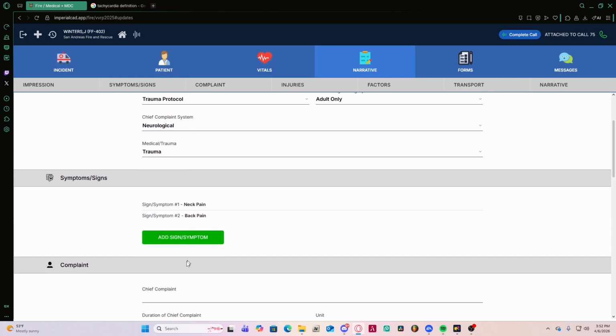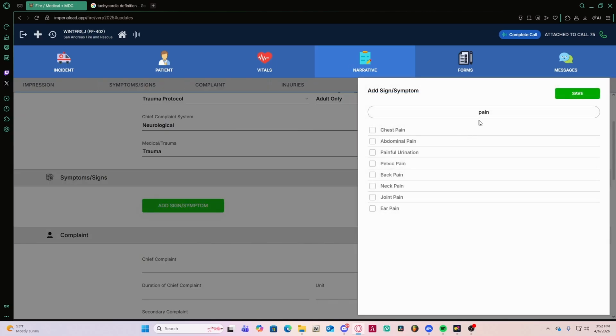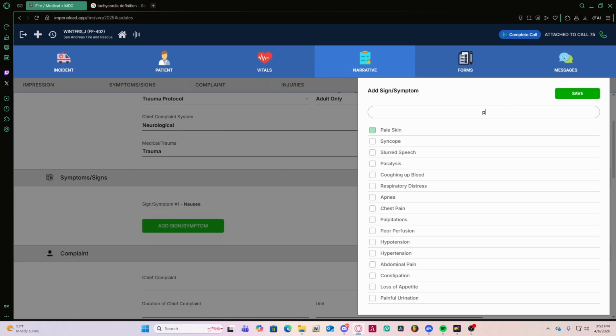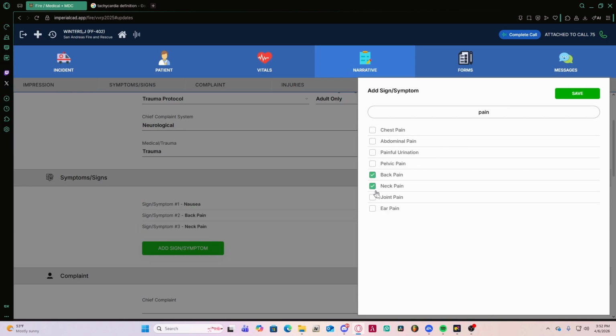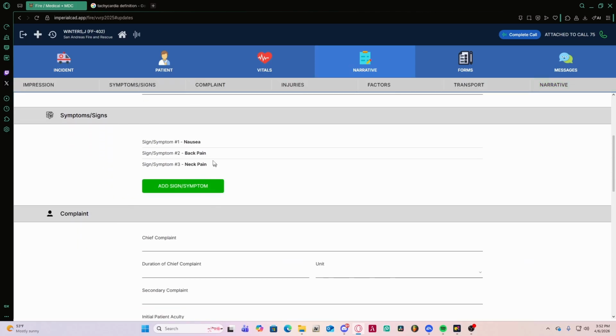I didn't save the other ones, but you could just leave it at neck and back pain or something. Yeah, you have to do them all at once. So nausea, and then neck and back. Yep. Good to know, because I was thinking you could add them separately. Like, oh, I forgot. And then there we go.